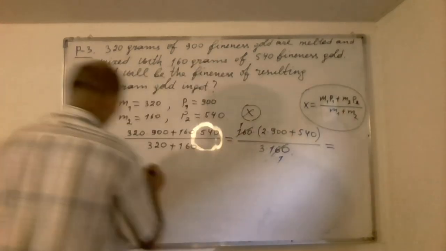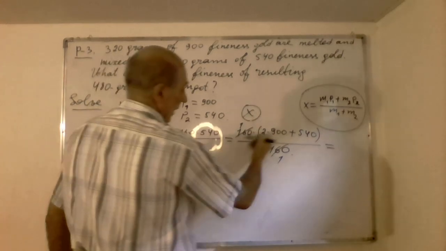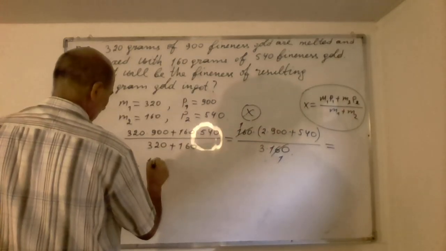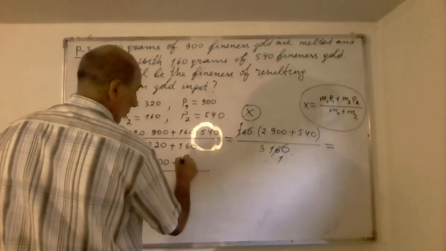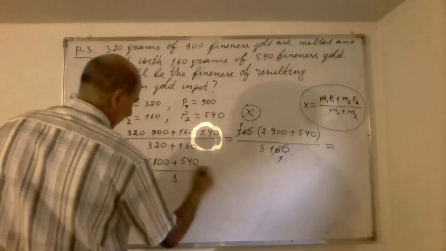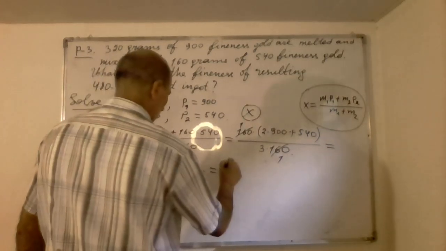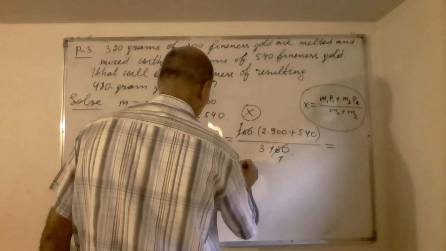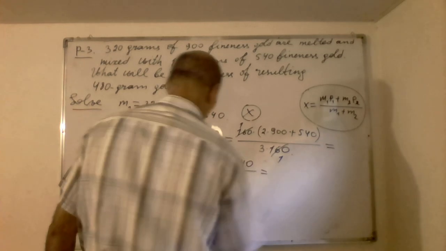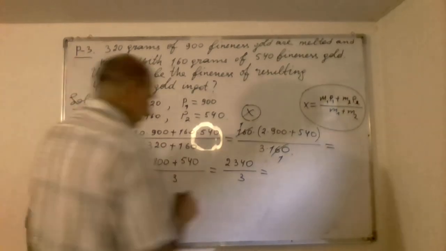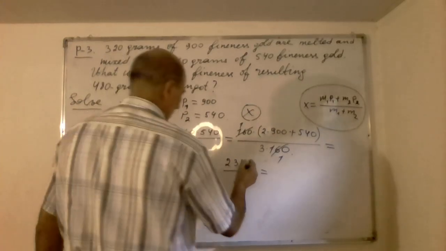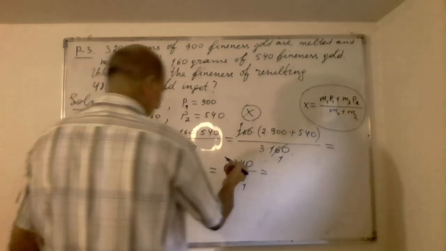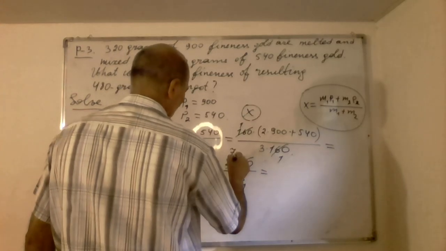And so we can write (1,800 plus 440) divided by 3, which equals 2,340 divided by 3. 2,340 divided by 3 is 780.